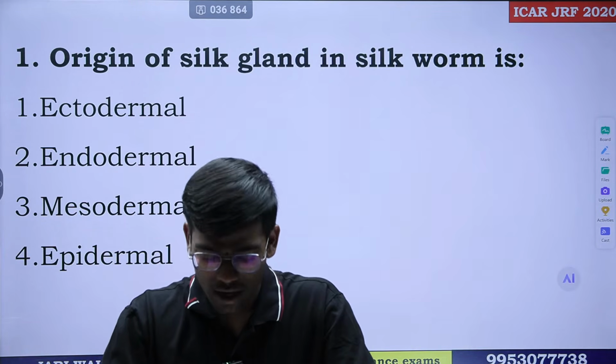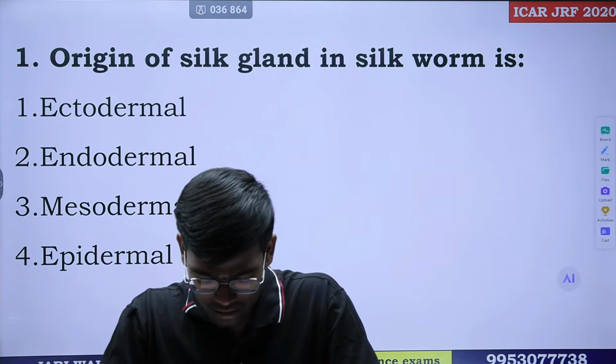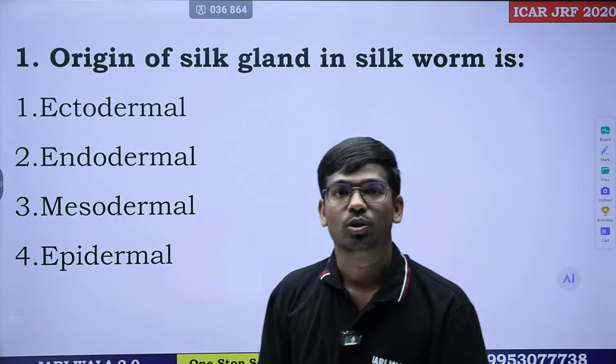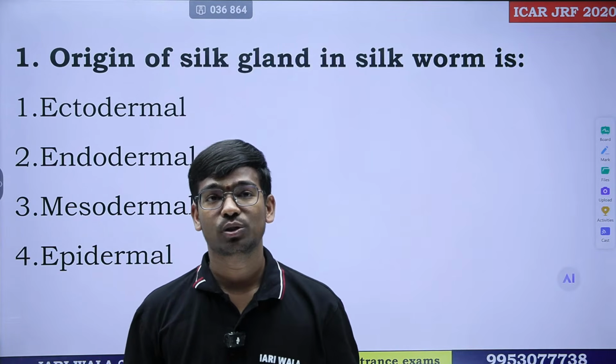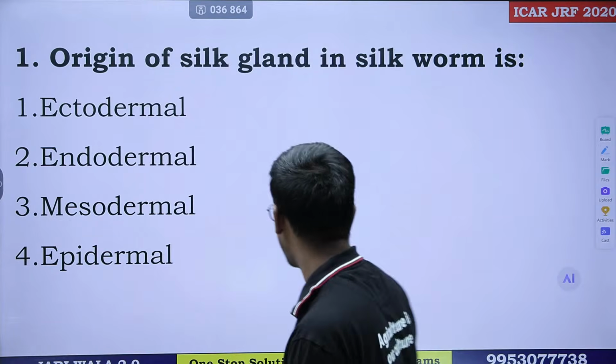Yes, Chaya and Anchal both gave the answer A. Yes, it's correct. So the origin of silk gland in silkworm is ectodermal origin, and here we should know the silk gland structure, and it's important. So quickly I will explain that.